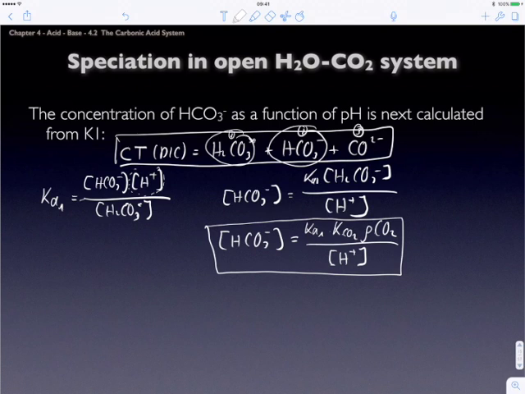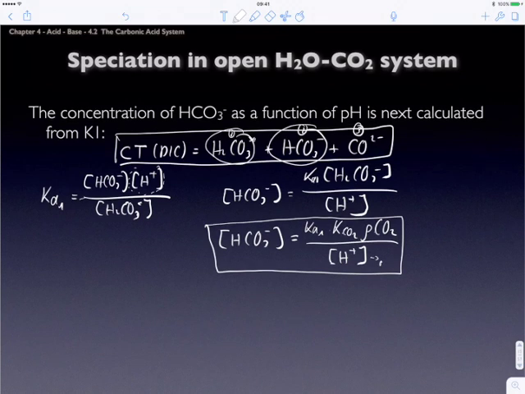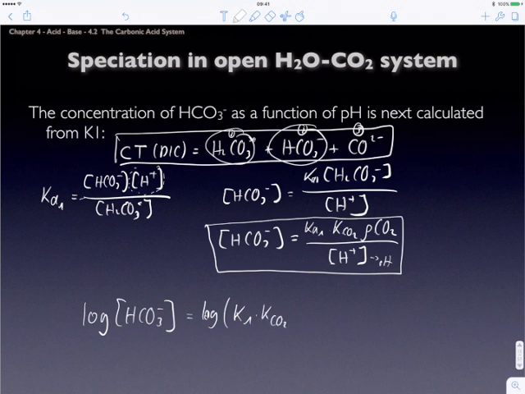And this H plus is proportional to the pH. To make it proportional to the pH, you take the log of everything, and that will give you the log of the concentration of bicarbonate in the open system is equal to the log of K1 times KCO2 times PCO2 plus the pH.